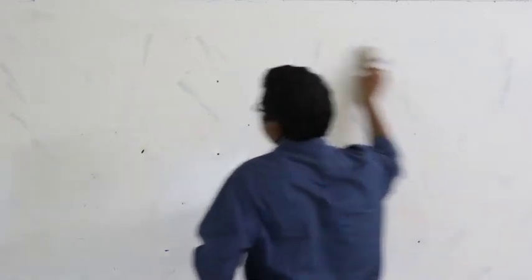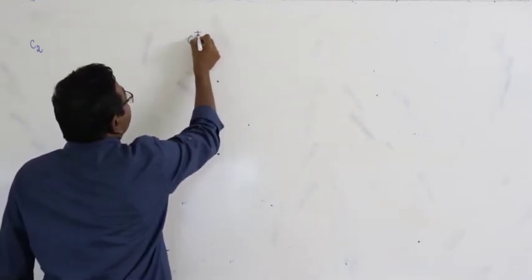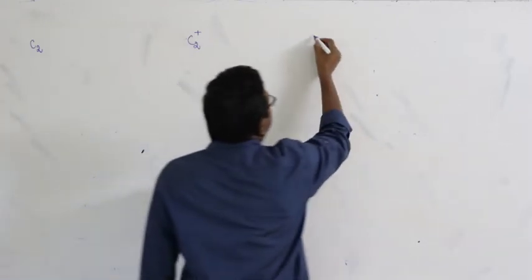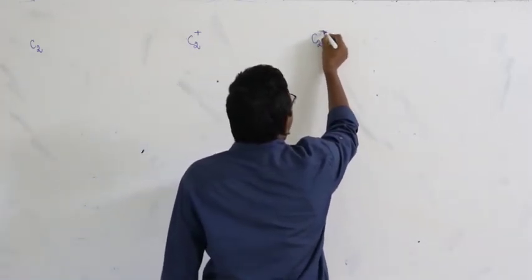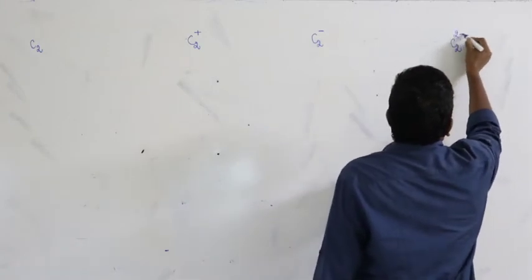Here the first one, C2. Second one, C2 plus. Third one, C2 minus. Fourth one, C2 2 minus.